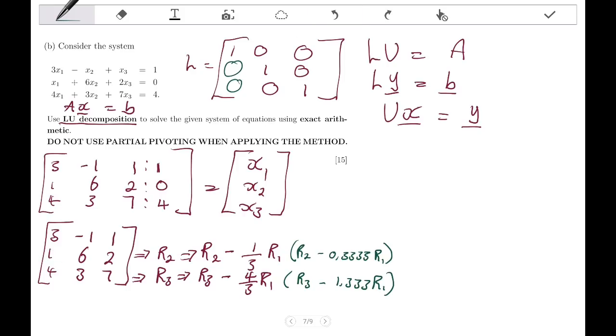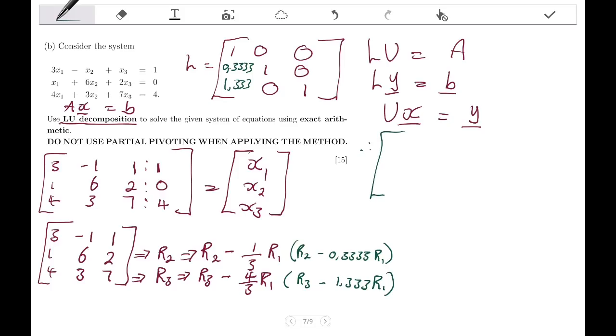Since for row 2 we used 0.3333, this 0 here is going to change to 0.3333. And then the second 0, since we used 1.3333, is going to change now to 1.3333. Then after that, you are going to calculate your new matrix, and it is going to give you something like this.